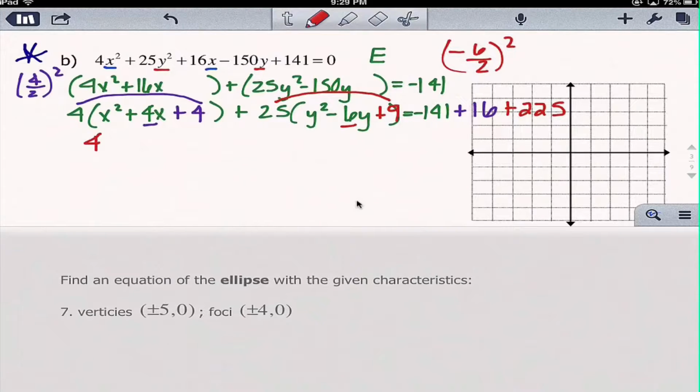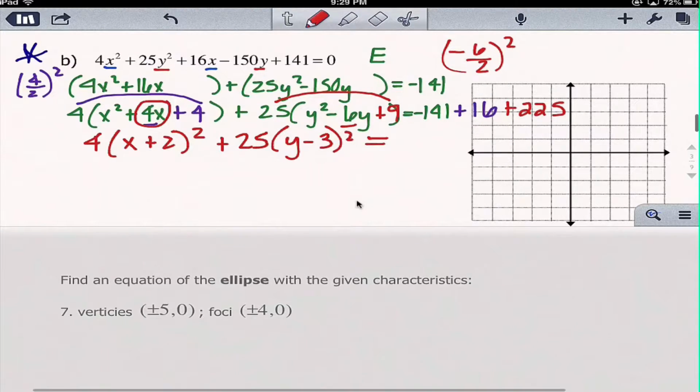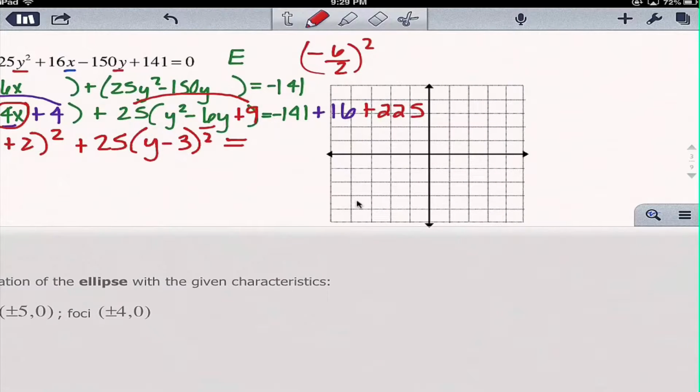So now when I factor this, I'm going to get 4 times x plus 2 squared. The shortcut is that this number 2 is always half of this middle term. So plus 25 times y minus 3 squared equals, and when I add these all together, okay, give me 1 second while I do the math here since I am working through this for the first time right now also.